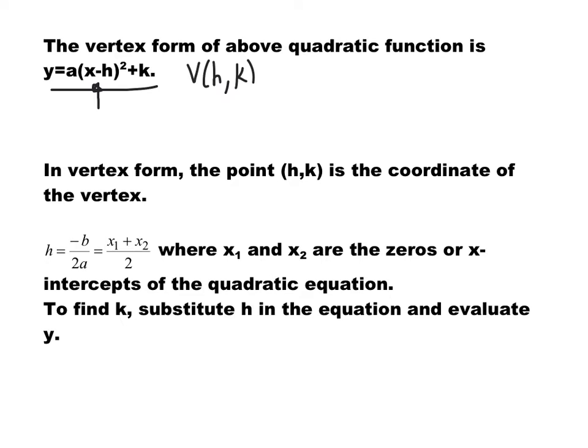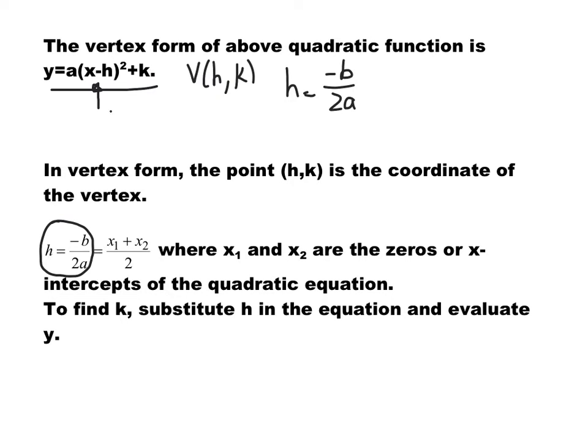Now, the question is, if I have the standard form, how can I change it to vertex form? It's very simple. Either you can use this formula to find the value of h. The formula says that h is minus b over 2a. You may say, what is b, what is a?